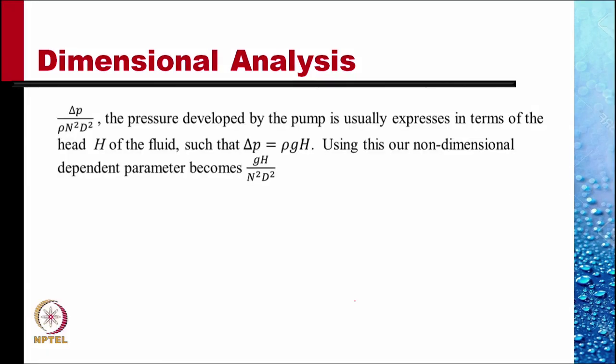So we can say delta P divided by rho n square d square, the pressure developed by a pump, is usually expressed in terms of the head h of the liquid, such that delta P is equal to rho g h. Using this, our non-dimensional dependent parameter becomes g h by n square d square.